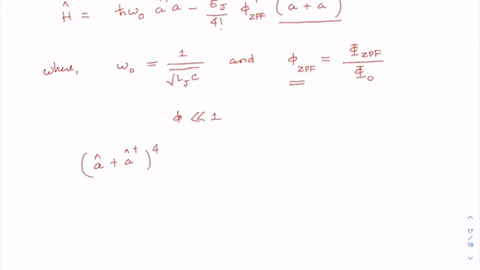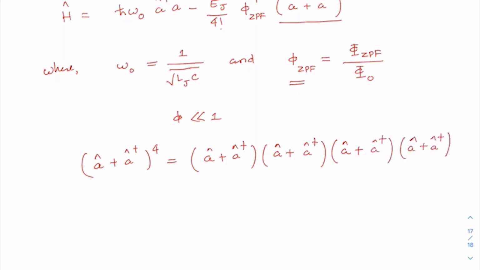We can expand it, and because these are operators, while expanding it, one has to be very careful. When we take the multiplication, we have to multiply it as per the order, and if we expand the whole thing, please try to do that, you will get all these terms.